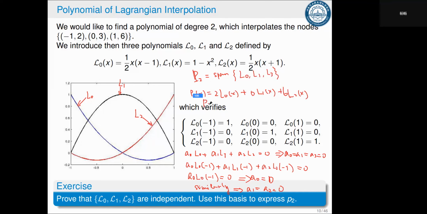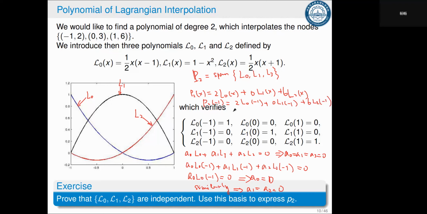If you put, for example, -1 here, you get 2 times L0(-1) plus the other terms, since L1(-1) and L2(-1) are equal to 0.